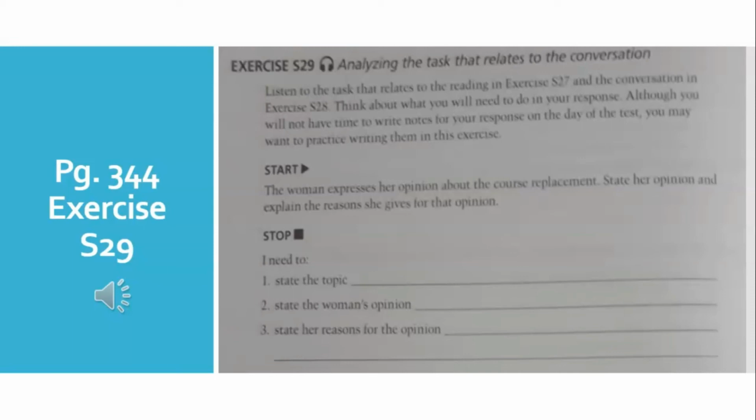So we go back to our notes and we are going to give the 3 reasons that we wrote down. So first, we're going to say that she did all the readings, then that she wants a challenging course, and also that she prefers a small class with less students.